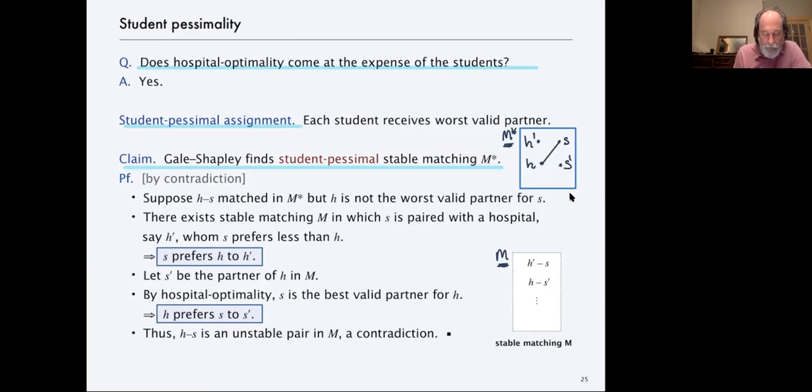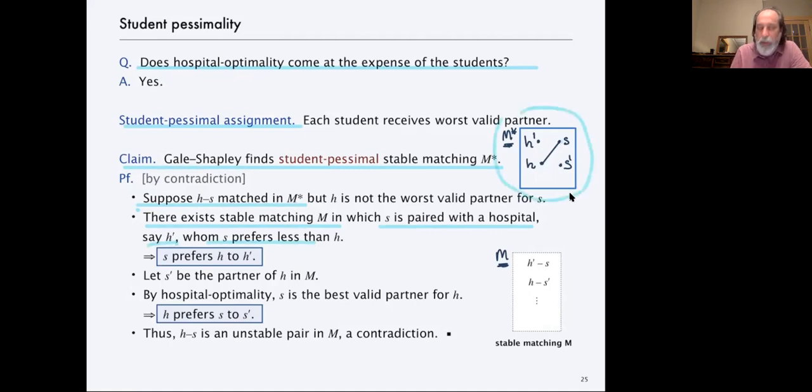Okay, how? It's a little simpler. Suppose H and S are matched in M star, but H is not the worst valid partner for S. Then there must exist a matching M in which S is paired with a hospital, say H prime, that S likes less than H. So here's M star.